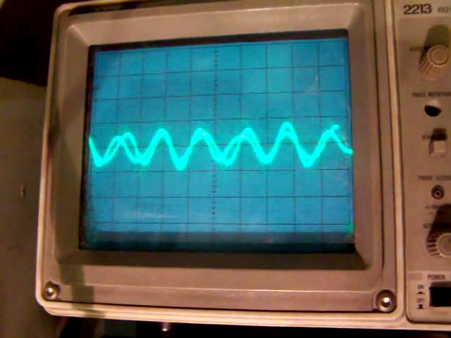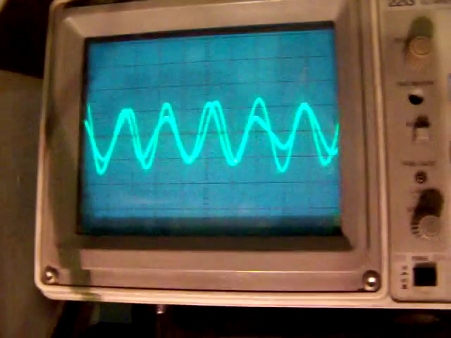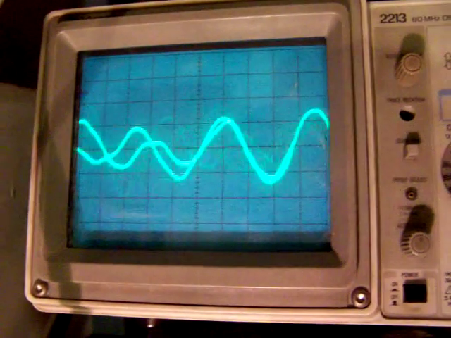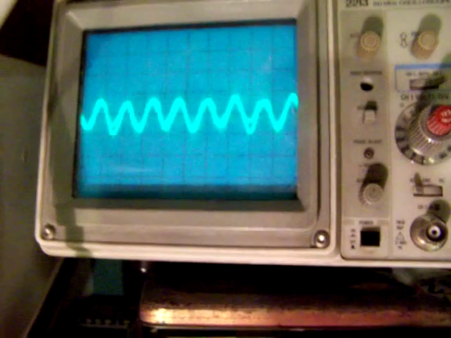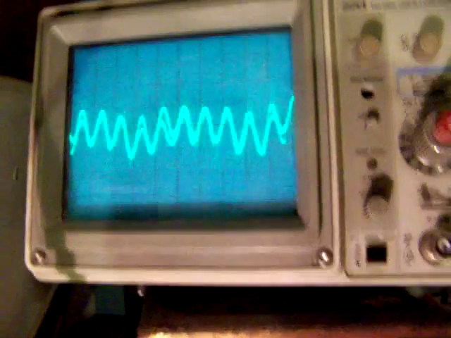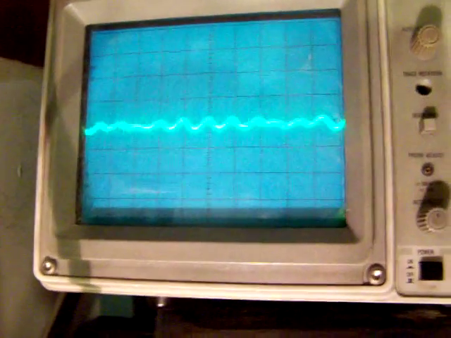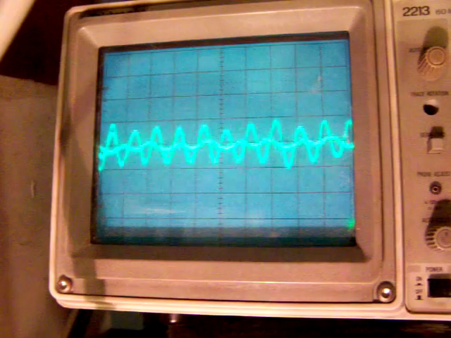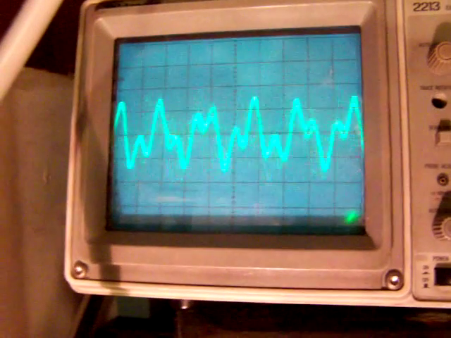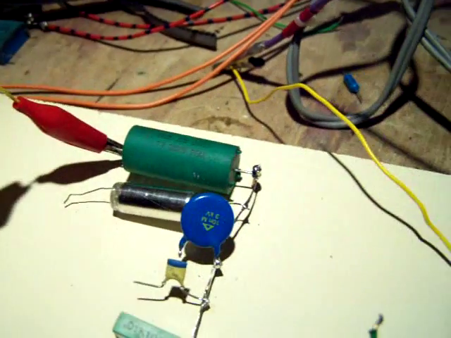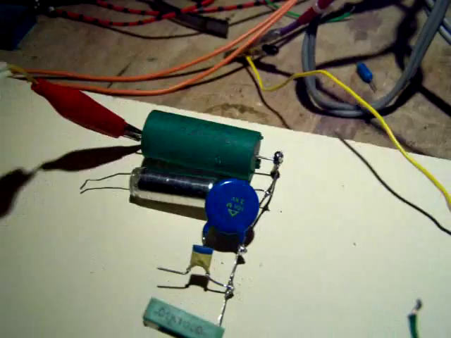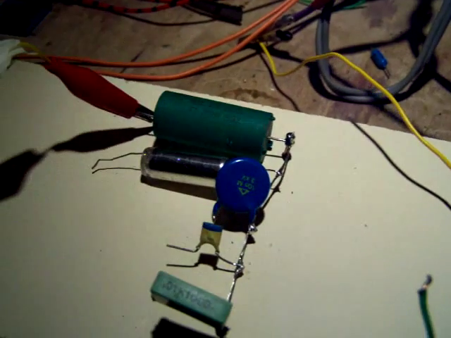This is the foil capacitor. This is without any capacitor. And this is another foil capacitor, but now for 1500 volts. So these were the differences, or not, that you could hear.